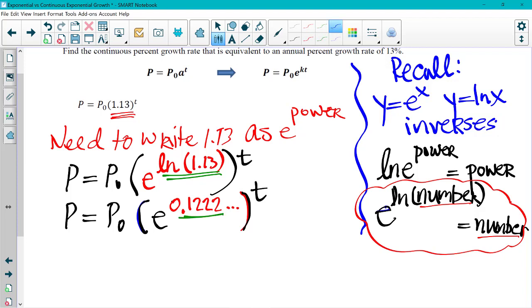And now we know that this number, the exponent on e, tells us the decimal equivalent of our continuous exponential growth rate.